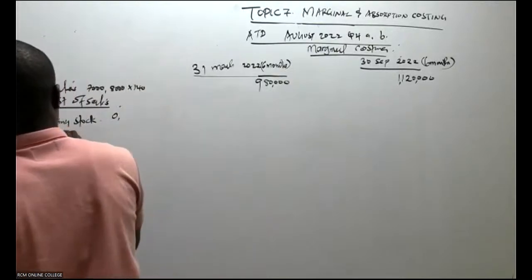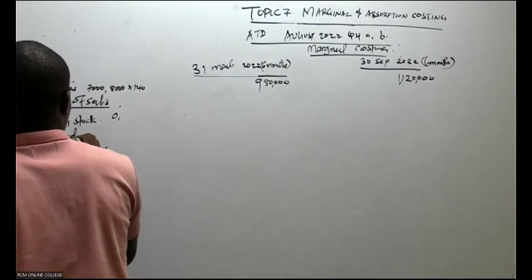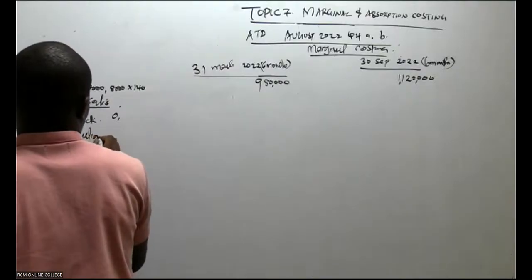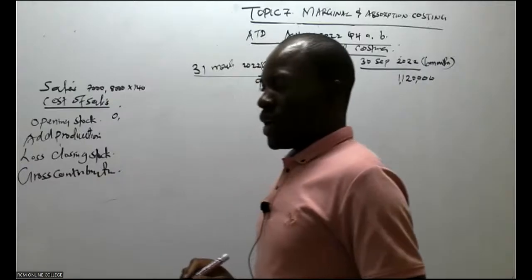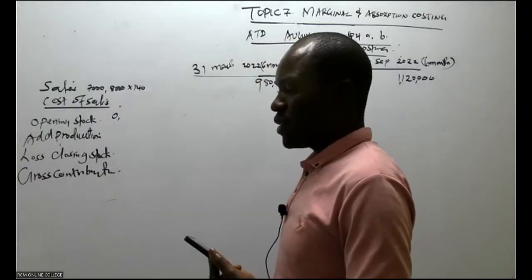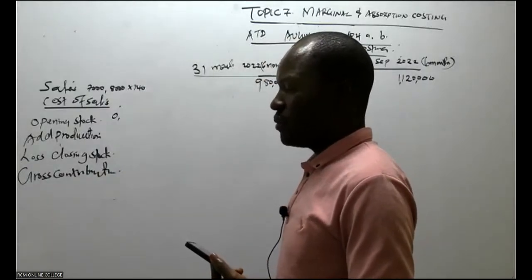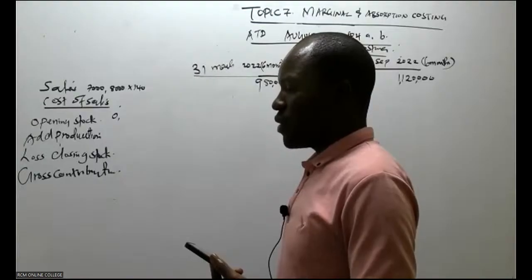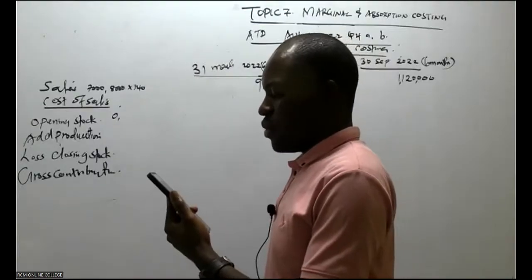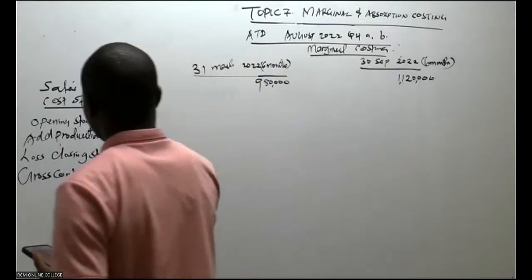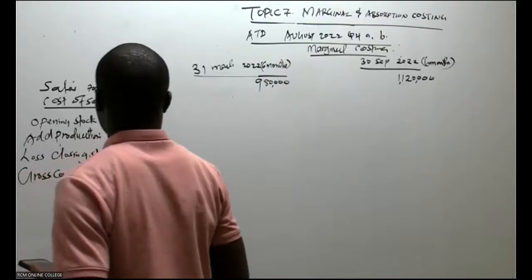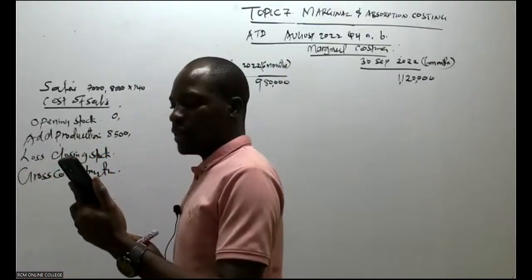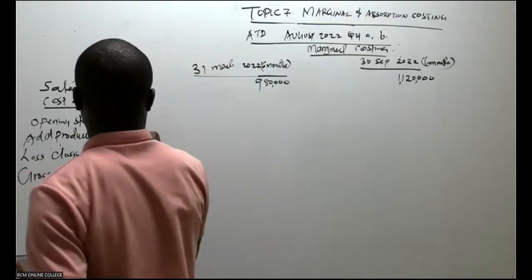Here, we are producing, so add production. Production for the first 6 months in quantity, do we have it anywhere? We have 8,500. Then the last 6 months, our production is 7,000.